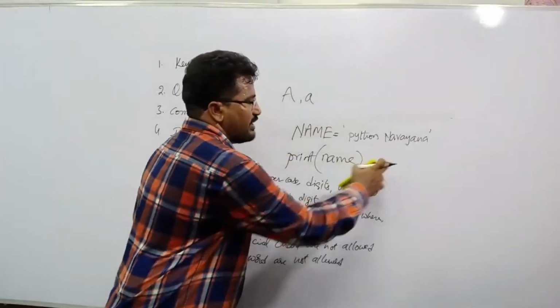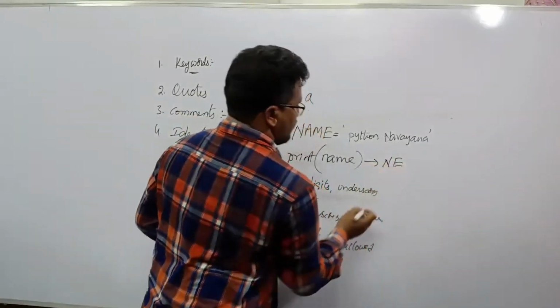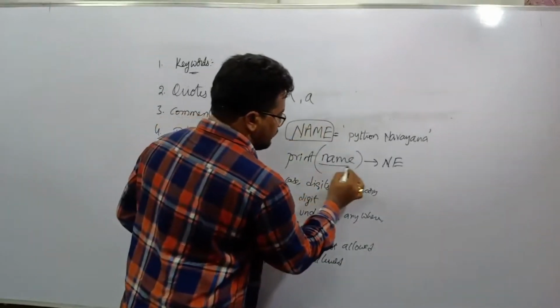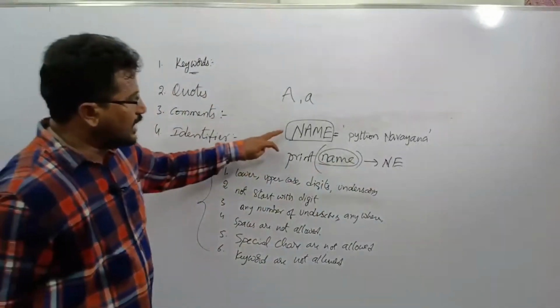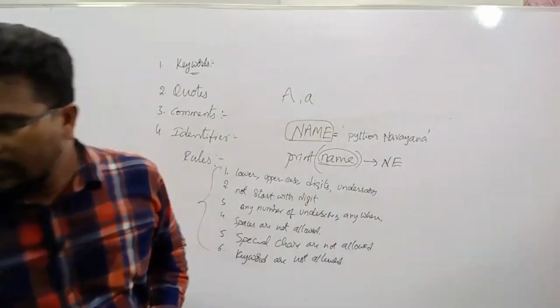So it gives a NameError. Why? We defined the name with capital letters, but you're using the name with small letters. So it displays a NameError. You can write all uppercase, all lowercase also possible, for the identifier names.